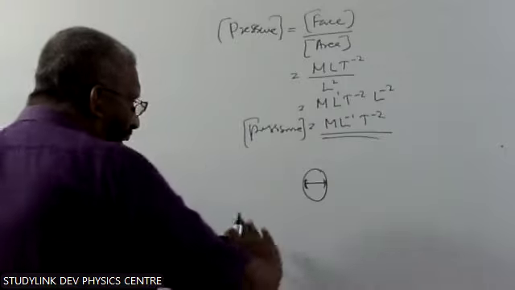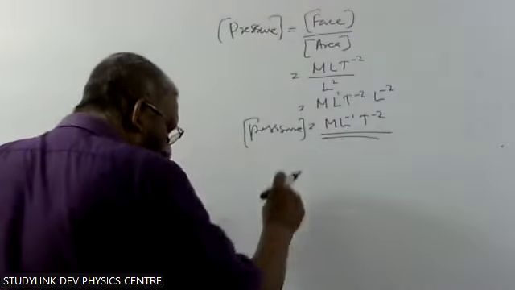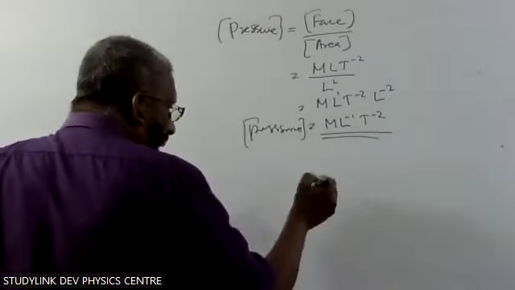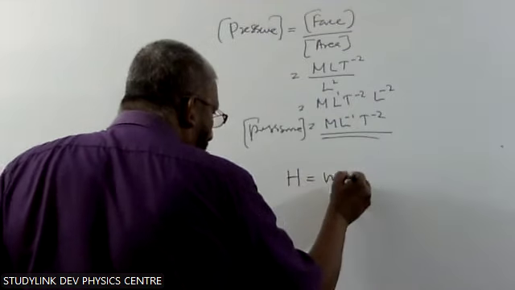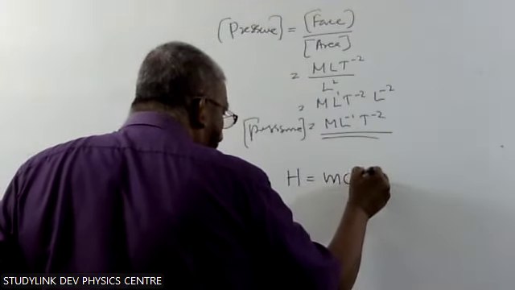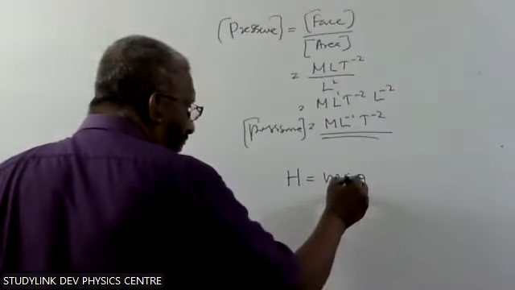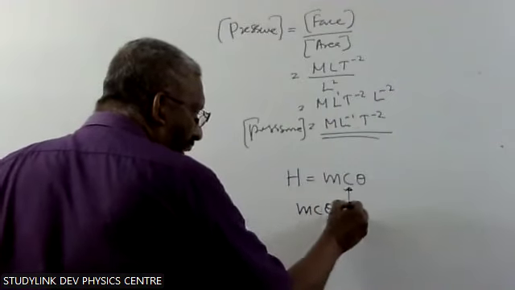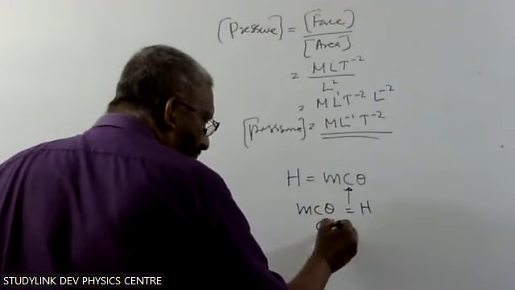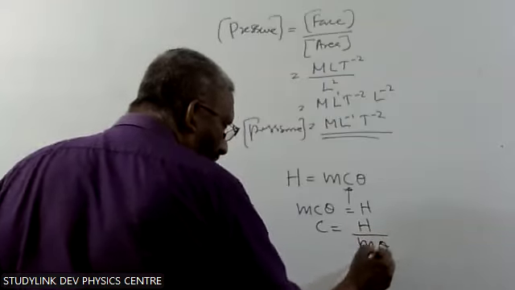There is an equation, but we have to do it later. I'll just give an example. Q or H, heat, is equal to M C theta. Theta is temperature. Now we want to get the value of C. Then M C theta is equal to H, so C is equal to H divided by M theta.